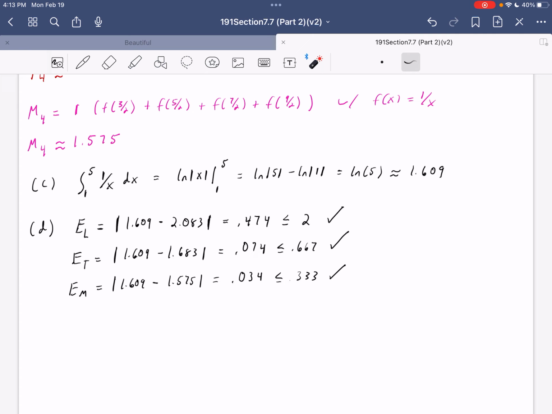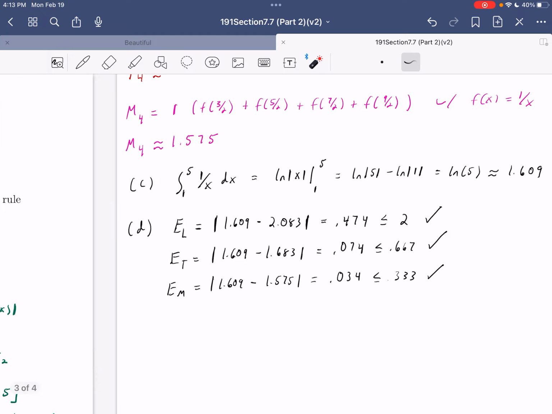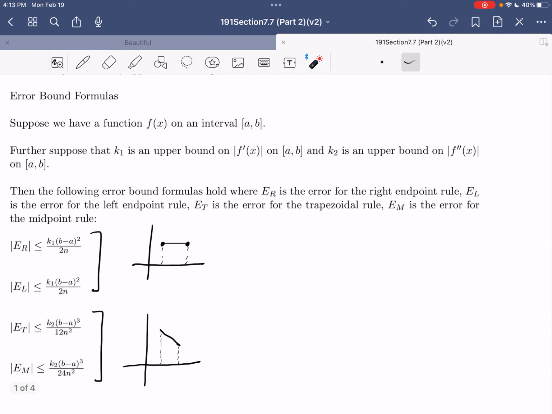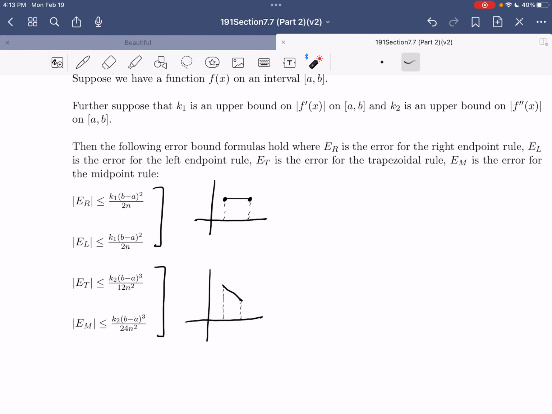Well, as you will see in the next example, the main use of the error-bound formulas is not to determine the maximum error, but to determine the number of approximations you need to establish that your error will be less than a certain threshold. In other words, if you look back at the formulas, if this is the error bound, let's make sure that this error comes in, say, less than 0.1 or 0.01, some maximum amount of error.